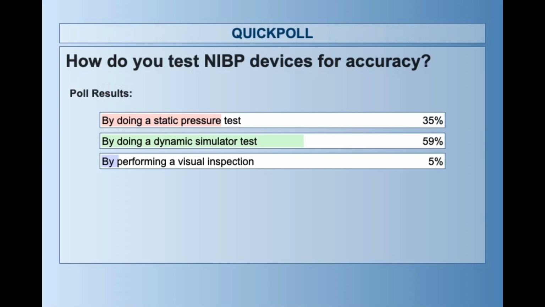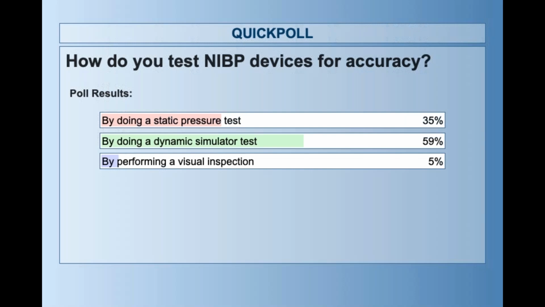If you would like to take the next maybe 10 seconds to place your vote, it will be interesting to discuss what you do in your facility for this type of test. I see a lot of responses for dynamic, B, and this is what the poll is showing too. Thank you very much for your responses.